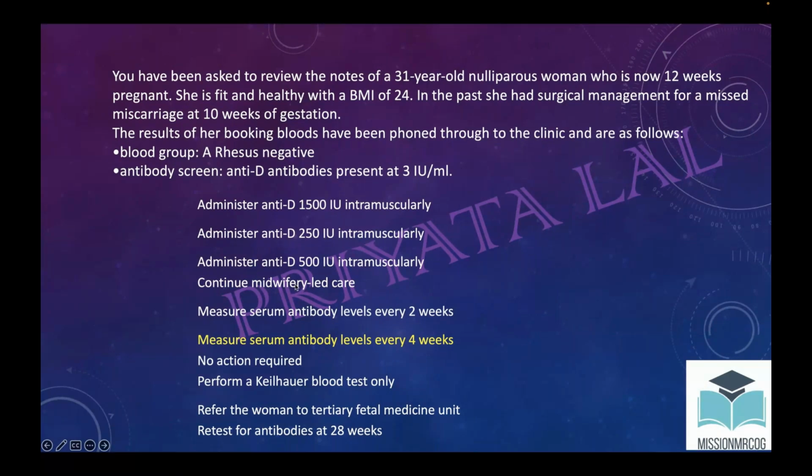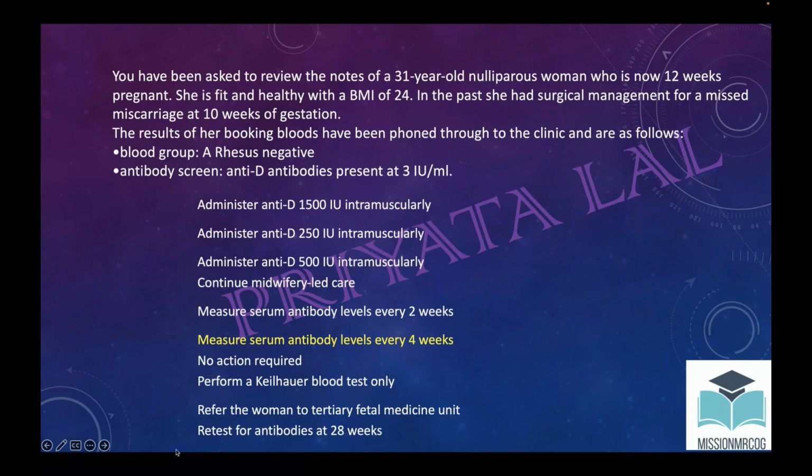This is a very important learning question. If the anti-D levels are given, the patient is immunized, so the patient is at risk. If the level is less than 4, it is 4 weekly till 28 weeks, then 2 weekly. Once it is more than 4, refer to the FMU.